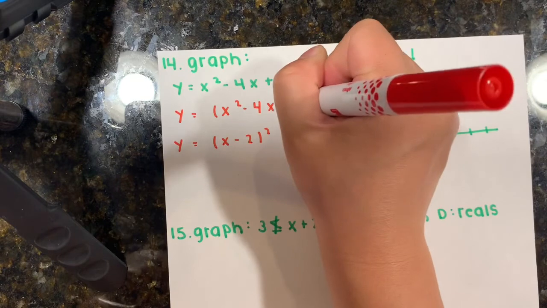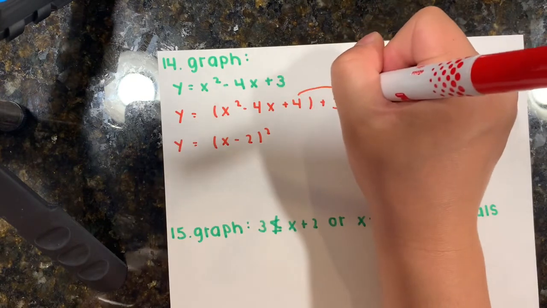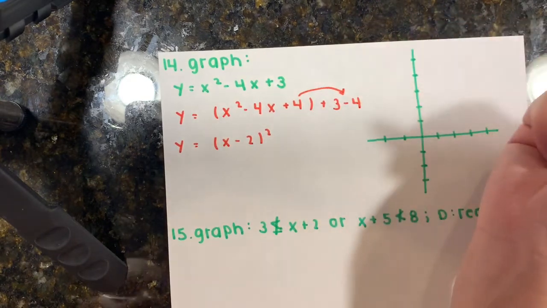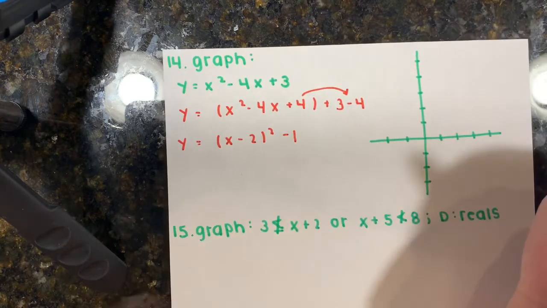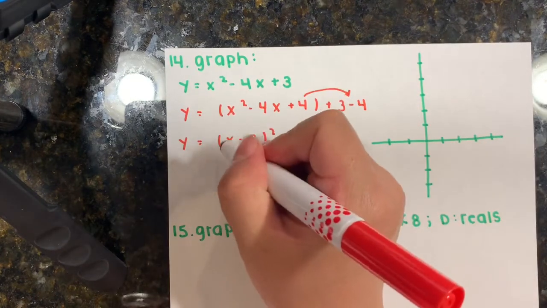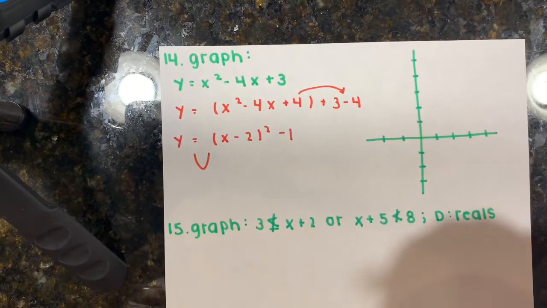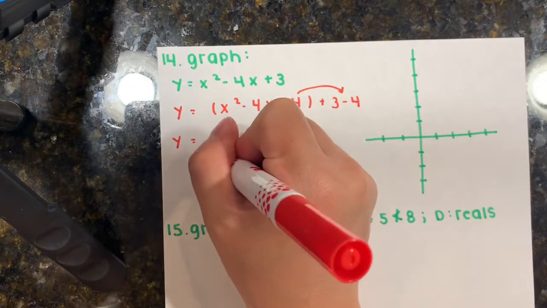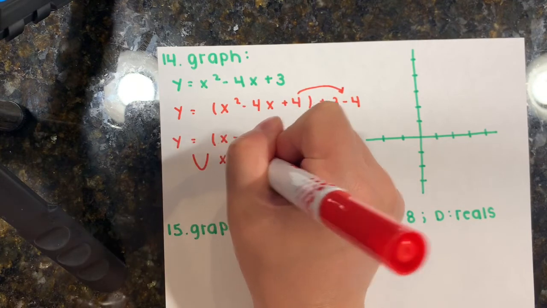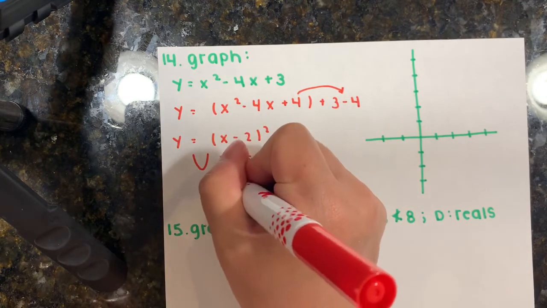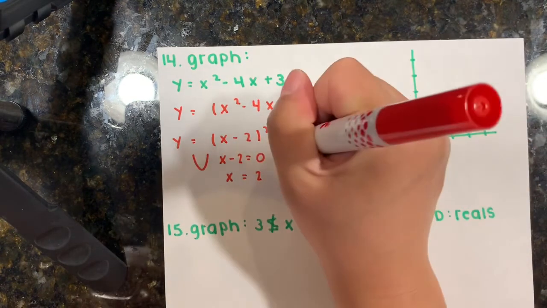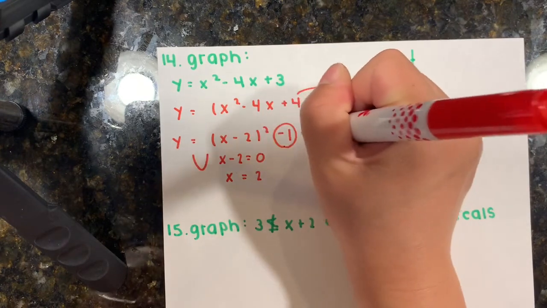So if I add 4, I have to do the opposite to the outside, which would be subtract 4. That would be -1. Now because there is no minus sign on the outside, I know that this parabola is going to face up. This is the axis of symmetry, so I'm going to set x minus 2 equals 0, and that would give me x is equal to 2. And this right here is my vertex.